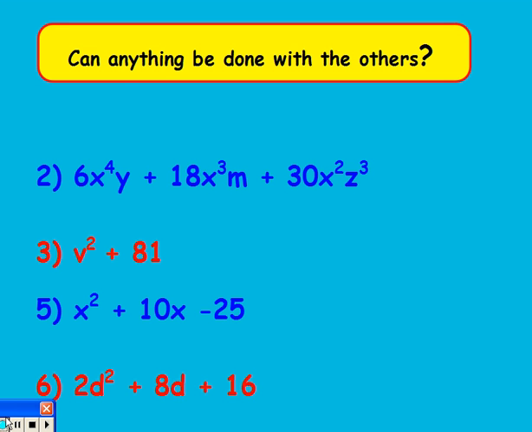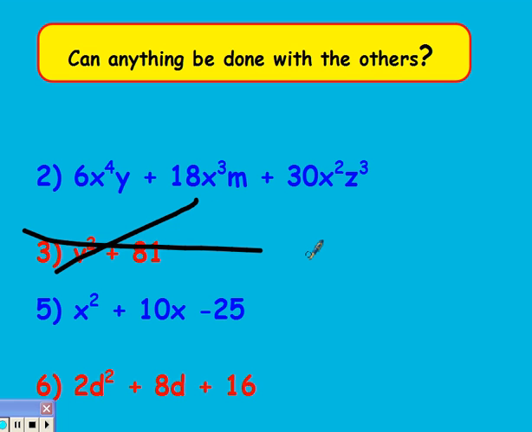Can anything be done with these other ones? Well, maybe. For example, for number 2, I see a common factor of, let's say, 6x squared. So I can factor out that 6x squared. Number 3, sum of squares. Number 5, I don't see a common factor.